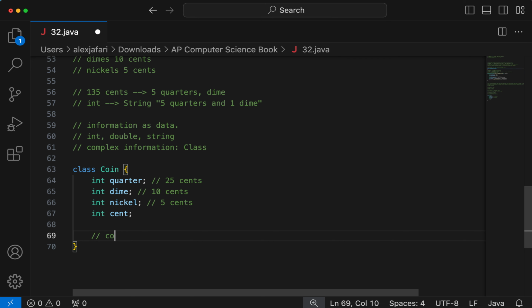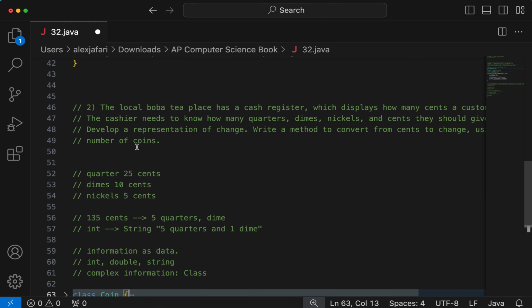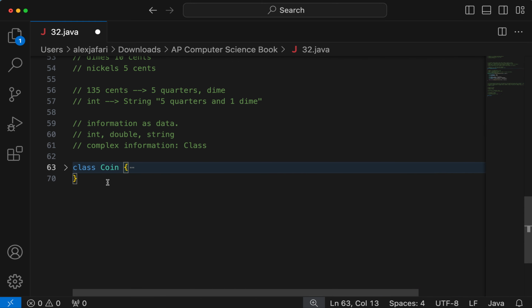And pretend we have a constructor for it. Then for this question, the purpose is to convert cents to coins: quarter, nickel, dime, and cents. The input is going to be an int, which is a cent. The output is going to be a coin.